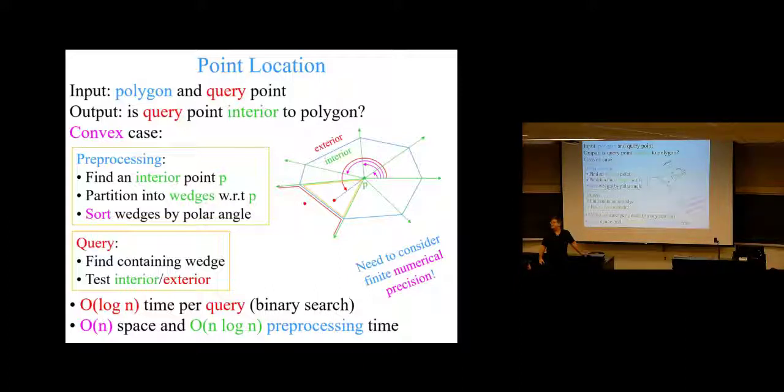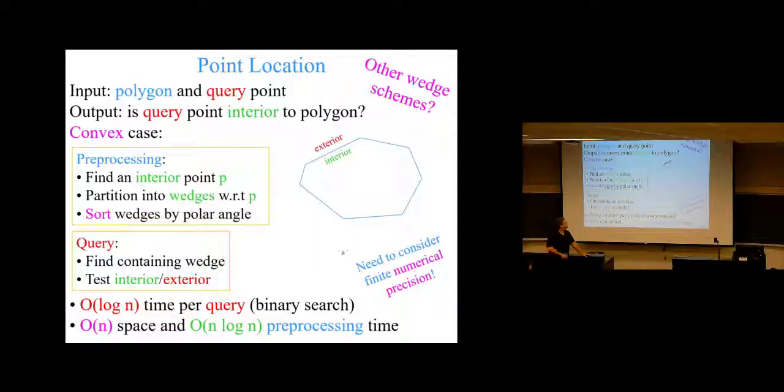The centroid. Do we have to use the centroid? No. Could we have used other points? Yes. Could we have used one of the vertices of the actual polygon as the point inside to create all these wedges? Yes. Obviously, that would work too.